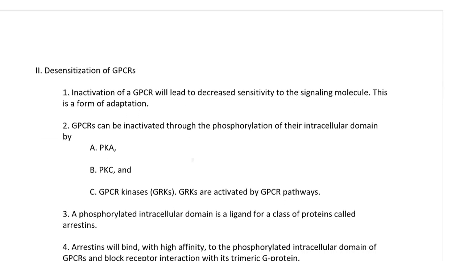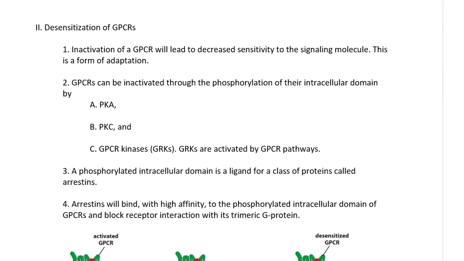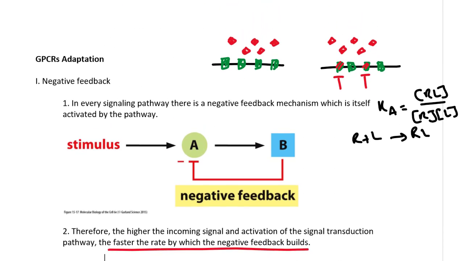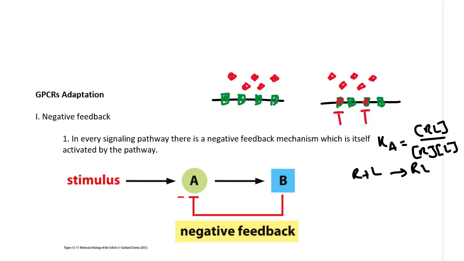So we're going to talk about one way that this happens, at least as far as the receptor is concerned. Desensitization of G-protein coupled receptors. Remember, desensitization doesn't mean that you're actually working on a single molecule. We're talking about this right here.